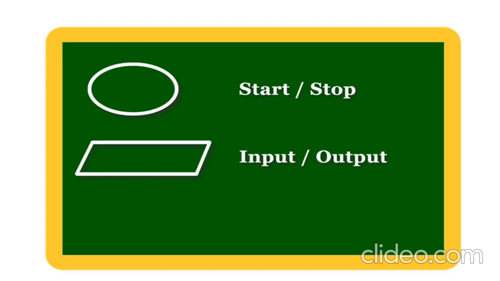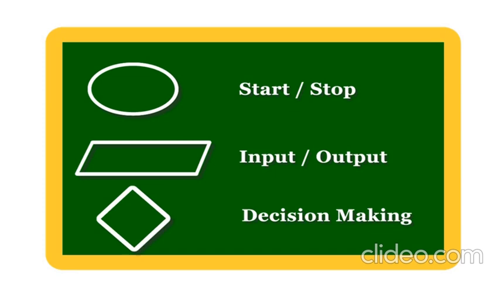Whenever you use a statement like printf, the printf is for displaying output, and scanf is used for receiving an input from the keyboard. So in two cases you use this symbol. And for decision making, we have not learned decision making until now, but we will see it later. For this moment, just remember that this symbol is used to represent decision making.